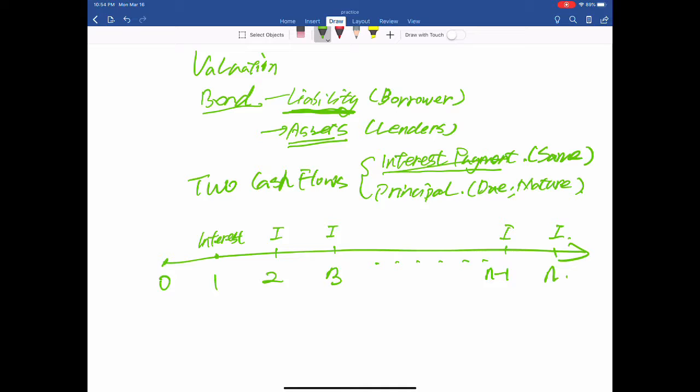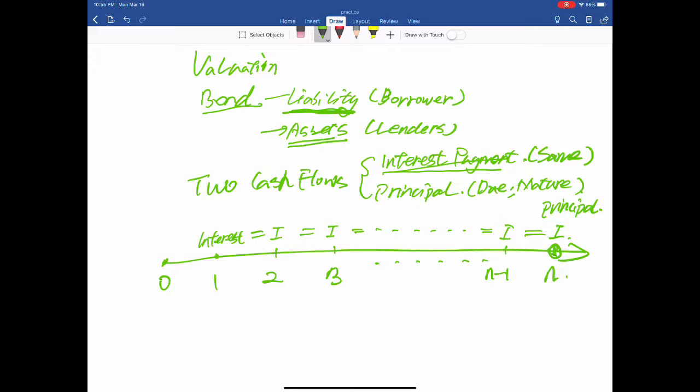Okay, so they are all the same amount. And by the end of n, at this point, when the bond is matured, there will be a principal. So that's the two cash flows.